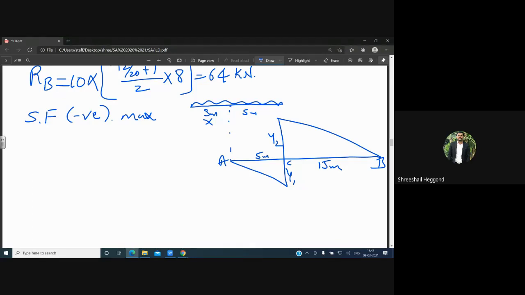In such cases, whatever load is applied on the bridge, that only we need to consider. Remaining, which is beyond your given span, you need to neglect. Okay.